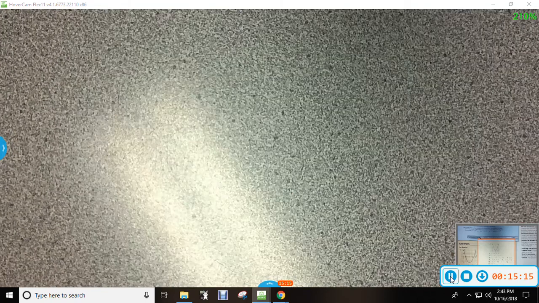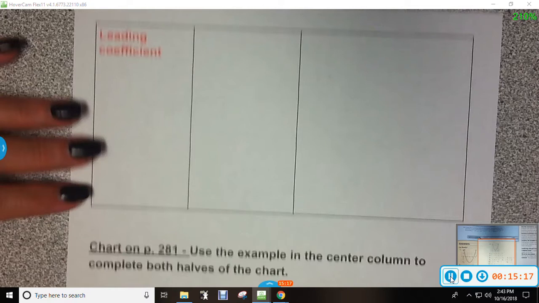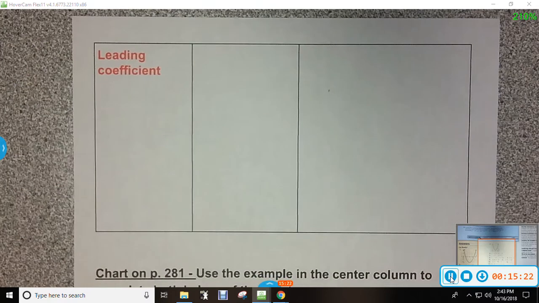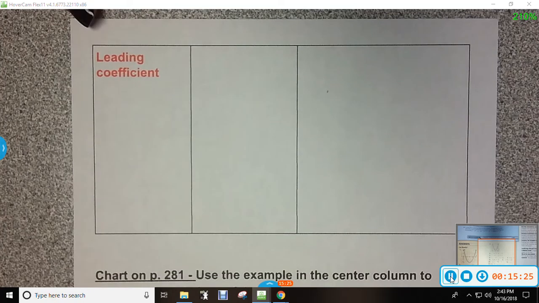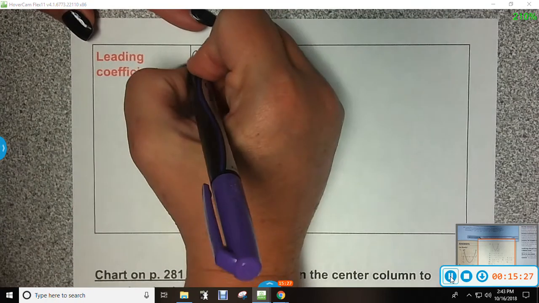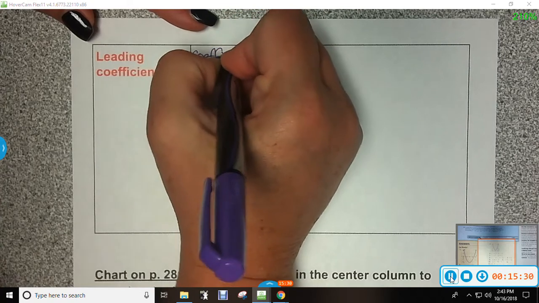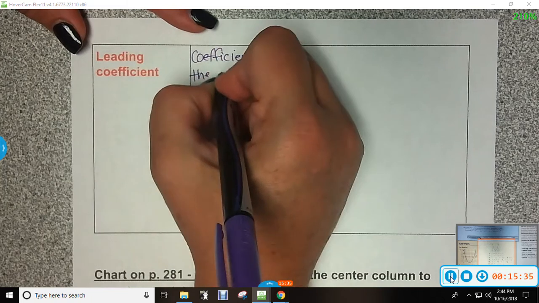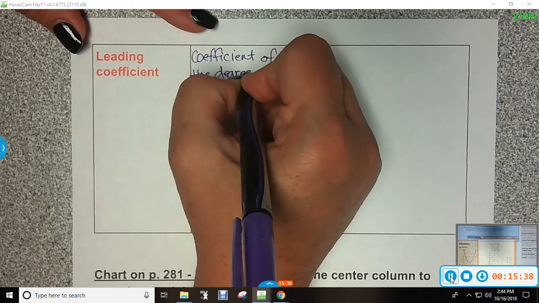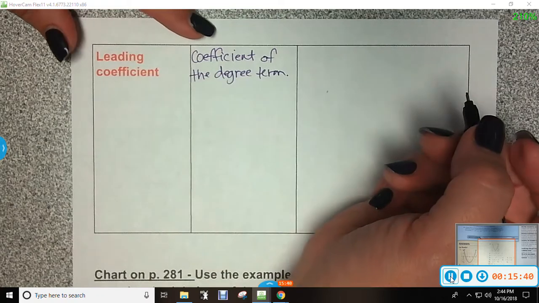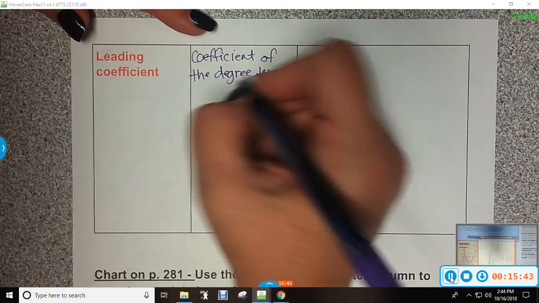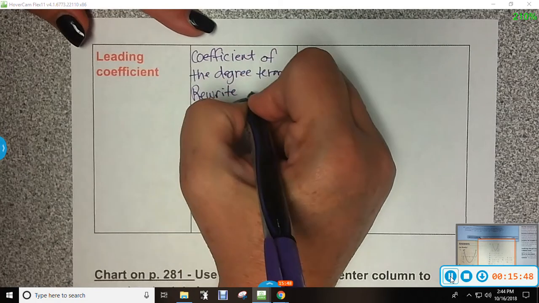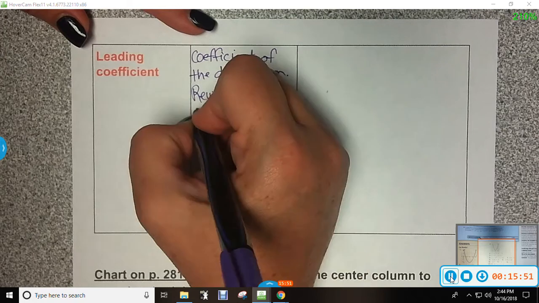All right, one more term, and this is for the leading coefficient. This is the coefficient of the degree term. The easiest way to find the leading coefficient is to rewrite so that your equation is in descending order.